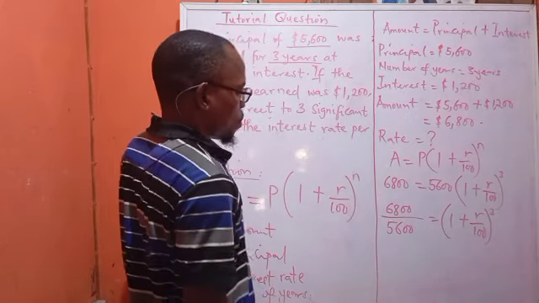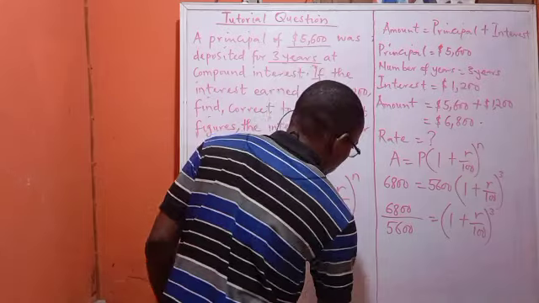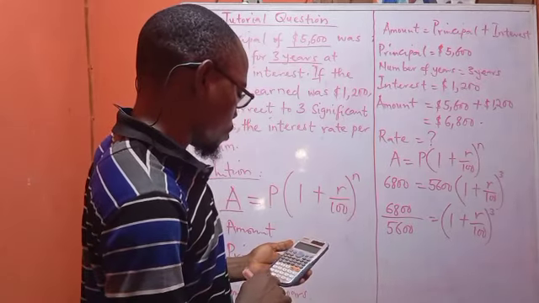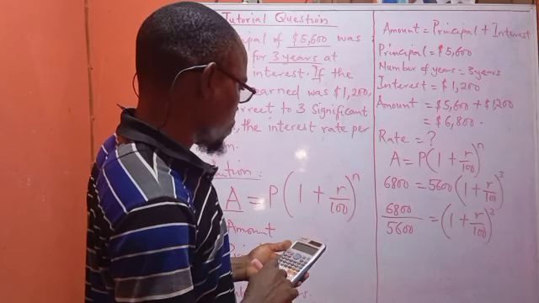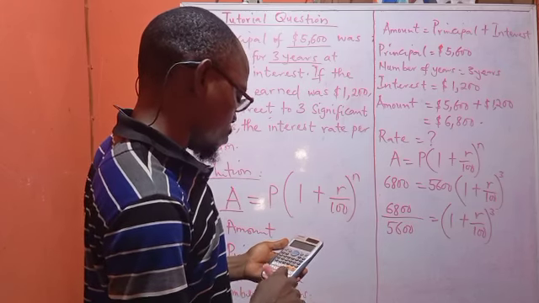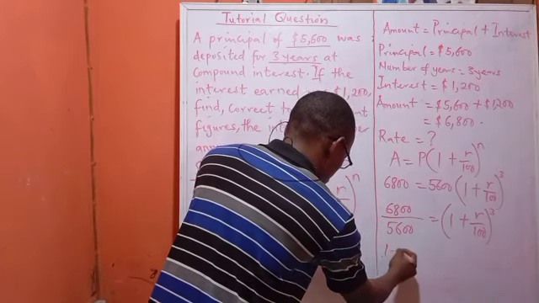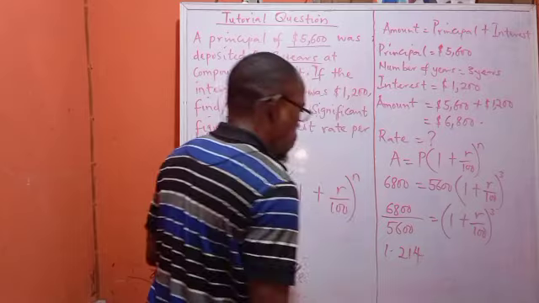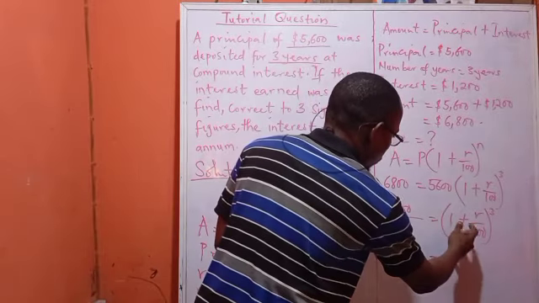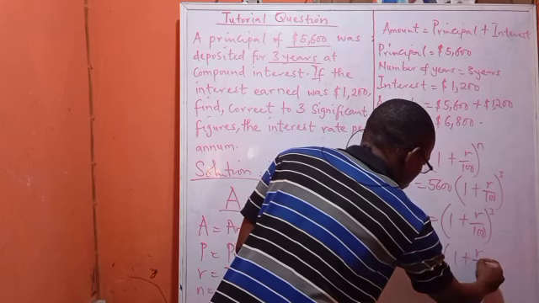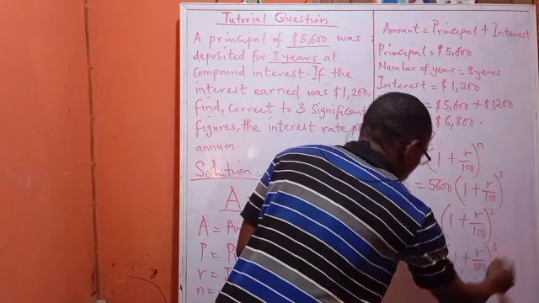Let's punch our calculator. 6,800 divided by 5,600 gives us 1.214, equal to 1 plus R over 100 raised to power 3.